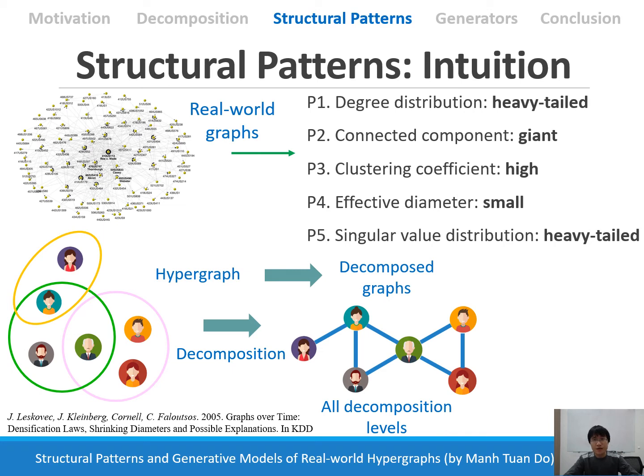Or if we have an email hypergraph, then the decomposed graph represents a network within a company or an organization. Because these decomposed graphs represent relationships very similar to the real-world graph, we suspect that they also exhibit the 5 structural patterns that are common in the real-world graph.